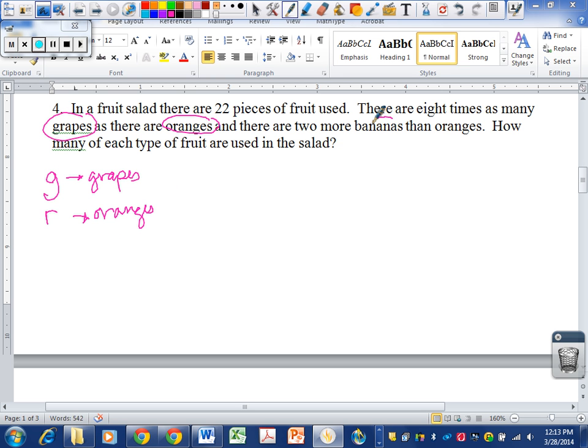And bananas, B for banana. So, grapes plus oranges plus bananas is how many pieces of fruit? 22 pieces of fruit. That is our quantity.